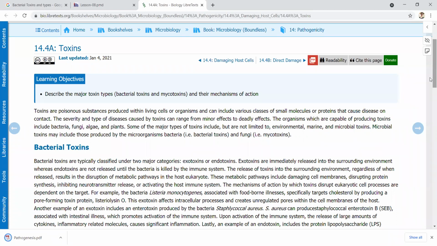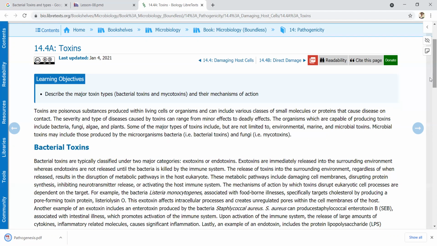Specifically, it targets cholesterol by producing a pore-forming toxin protein known as listeriolysin O. Listeriolysin O is a toxin of proteinaceous nature, and this particular toxin targets the cholesterol.